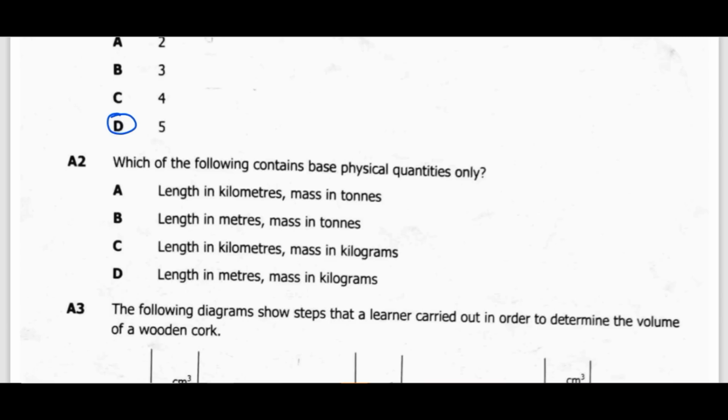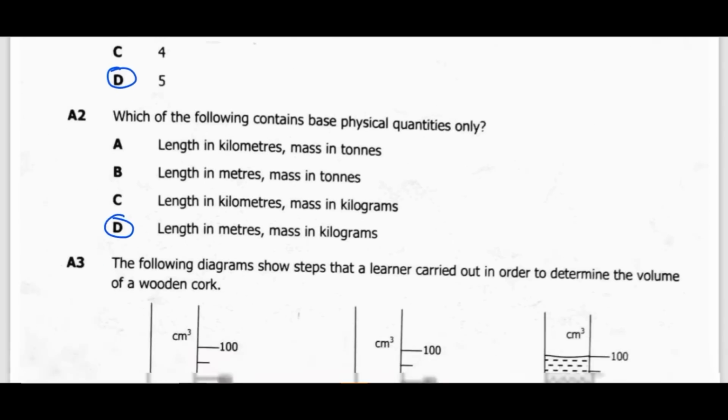C, length in kilometers, mass in kilograms: still it is not convincing. So let us look at D, length in meters, mass in kilograms. This is convincing and this is the answer. Okay, so let us move.